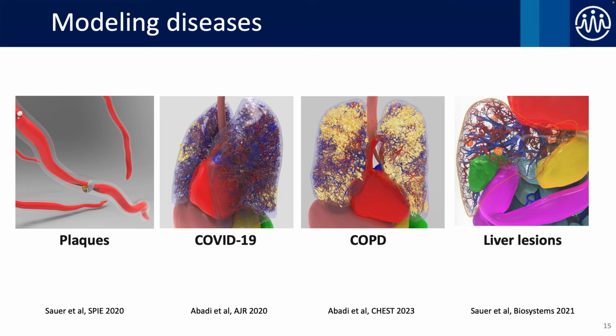Basically, these models are added to these phantoms that we create. The models come from three-dimensional data, again, either from real CT images, if we can segment them, or from pathology or from micro CT images, if we do not have access to the ground truth through volumetric images.